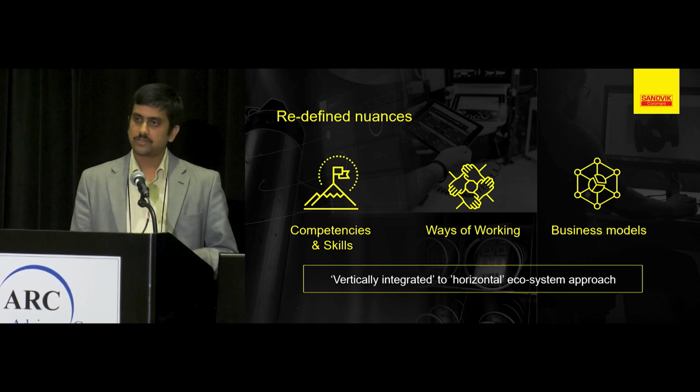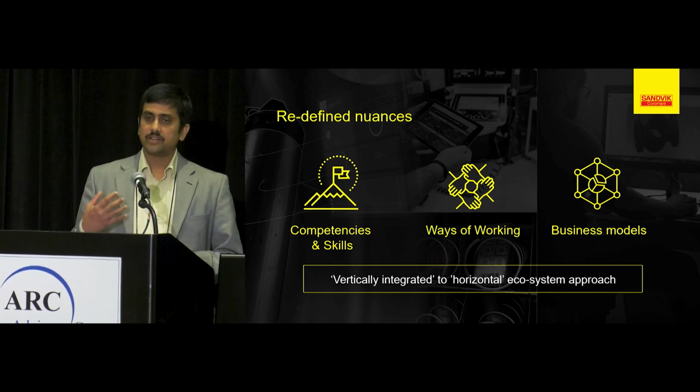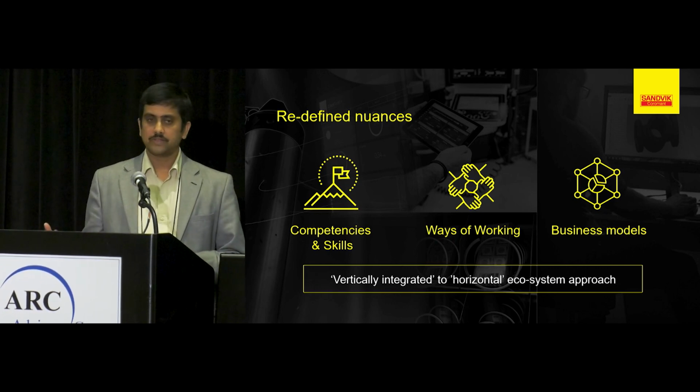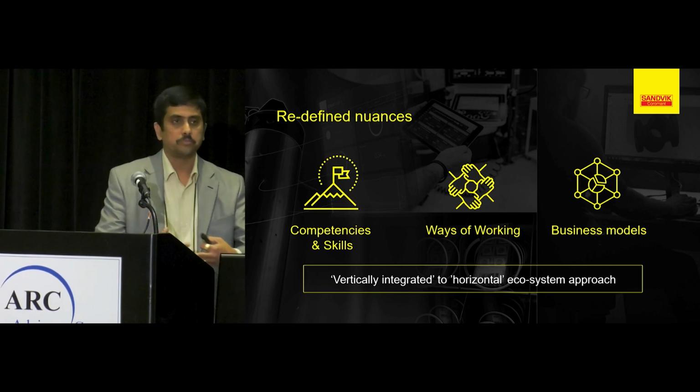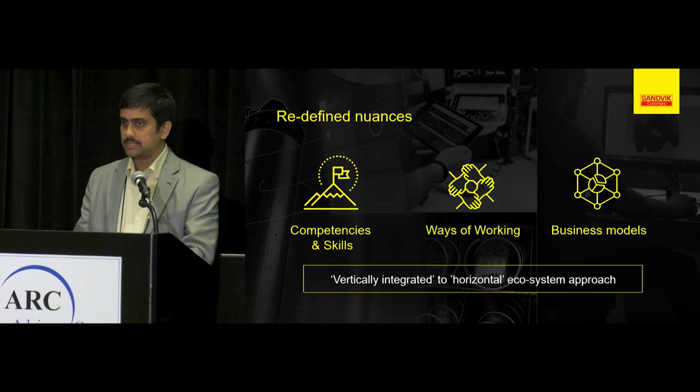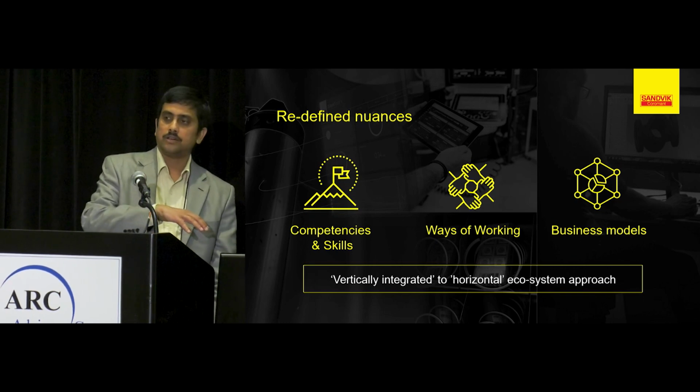Last but not the least, business models. Again, traditionally, industries like ours have worked on a 95-5 model, where 95% we own what we build, and it's our own product, and 5% is all about partnership. Digital is an area where the equations are completely inverted.